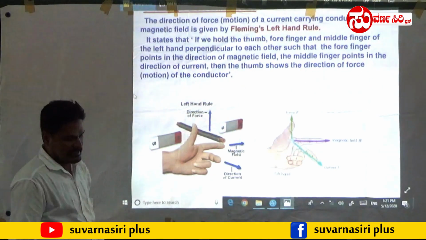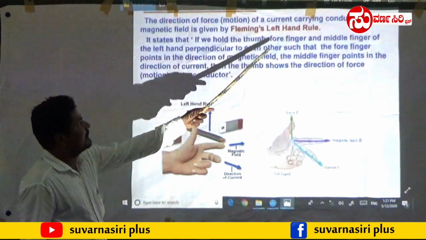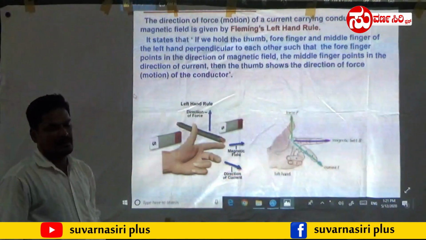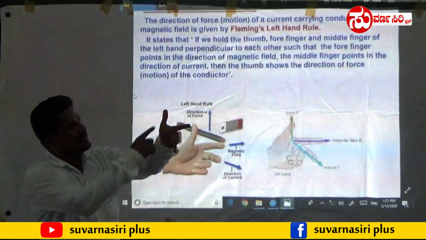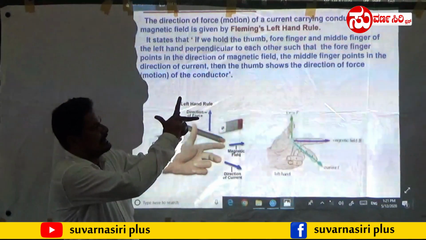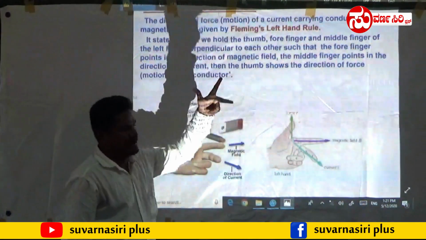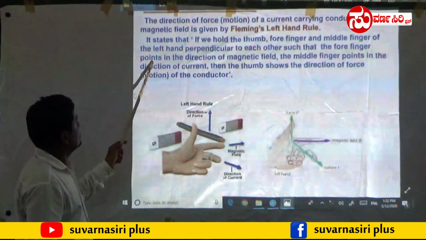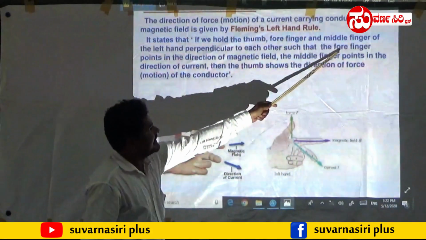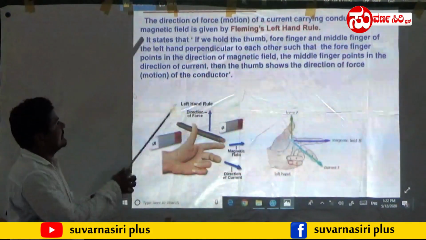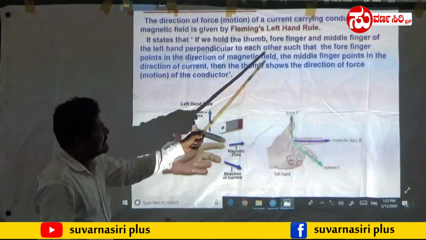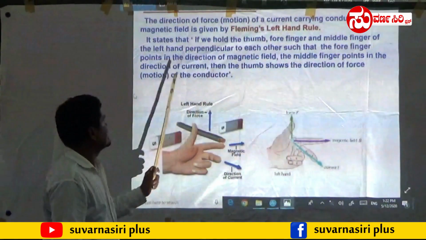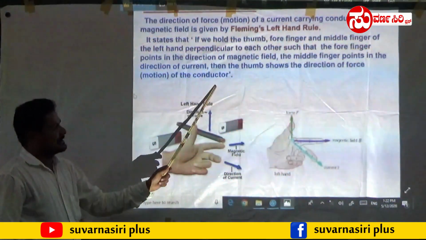It states that if we hold the thumb, forefinger and middle finger of the left hand perpendicular to each other, meaning 90 degrees to each other, such that the forefinger points in the direction of the magnetic field, the middle finger in the direction of current, and the thumb shows the direction of force or motion of the conductor.